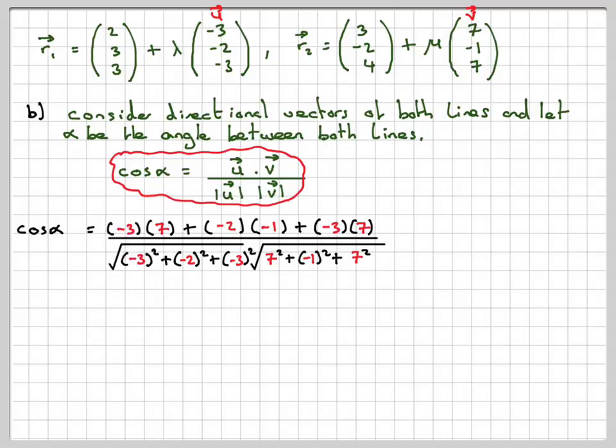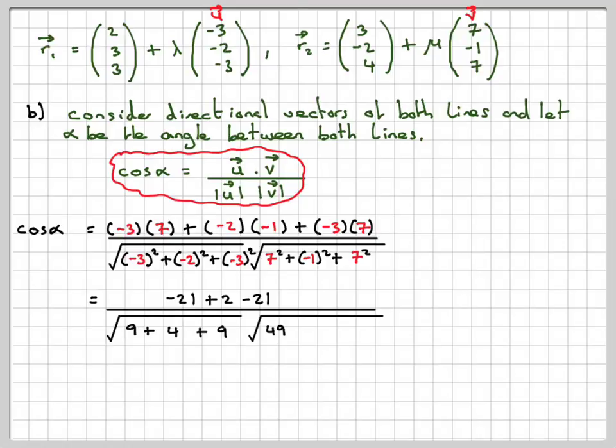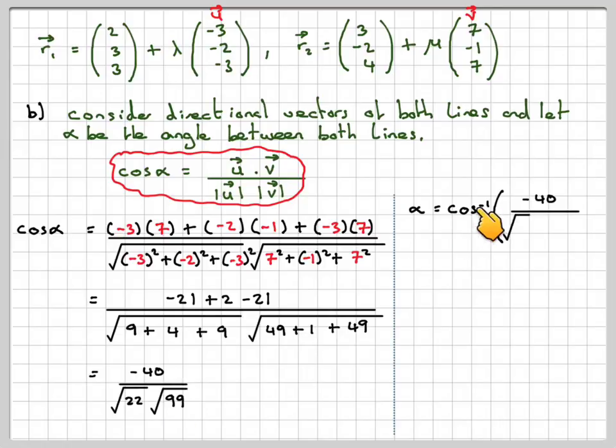So we're going to get minus 21 plus 2 minus 21 divided by the square root of 9 plus 4 plus 9, times the square root of 49 plus 1 plus 49. And we're going to get minus 40 divided by the square root of 22 times the square root of 99. Alpha will be cos to the minus 1 of minus 40 over the square root of 22 times 99.